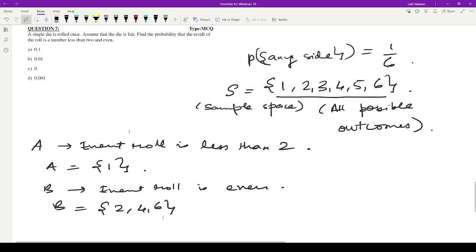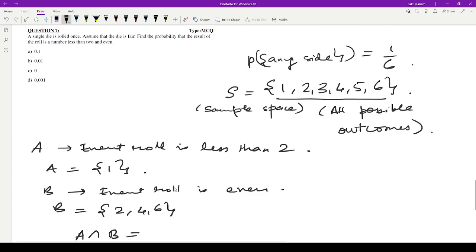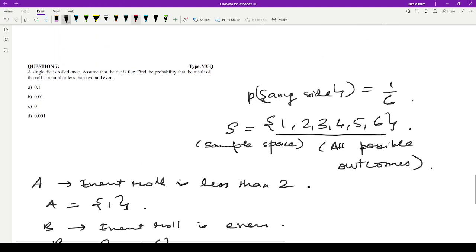So what we need is to find the probability that the result of the roll is a number less than 2 and even. And here we need to take our final event as A intersection B, since we are concerned with the AND part of it.